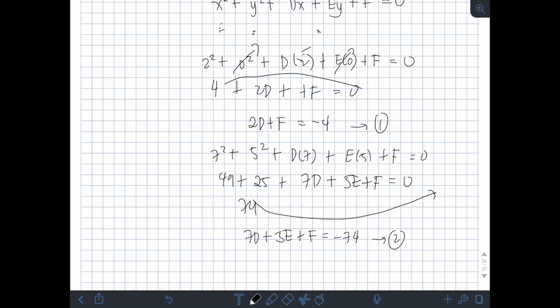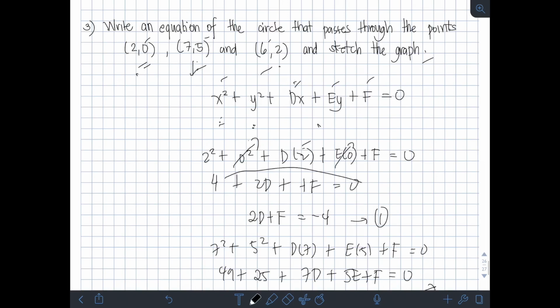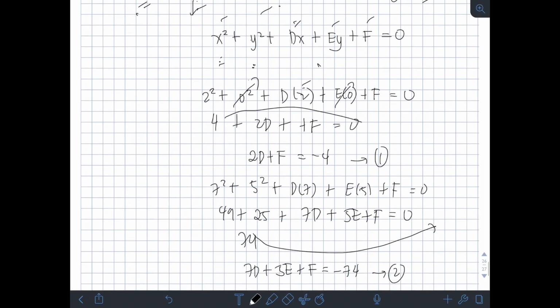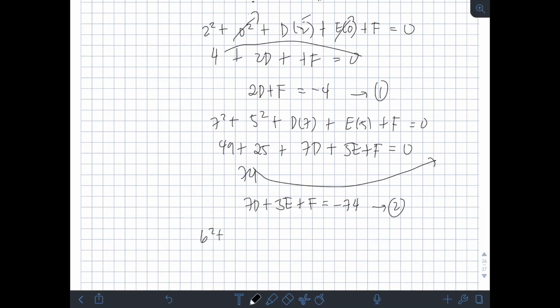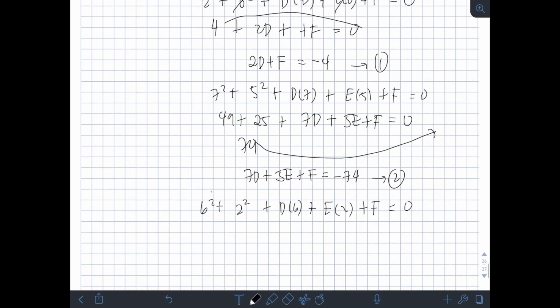Equation 2. And then, last, for equation 3, substitute naman natin itong (6, 2) sa x at y. So, we have 6² + 2² + d times 6 + e times 2 + f = 0. Simplify. 6² is 36 plus 2² is 4 plus 6d plus 2e plus f equals 0.